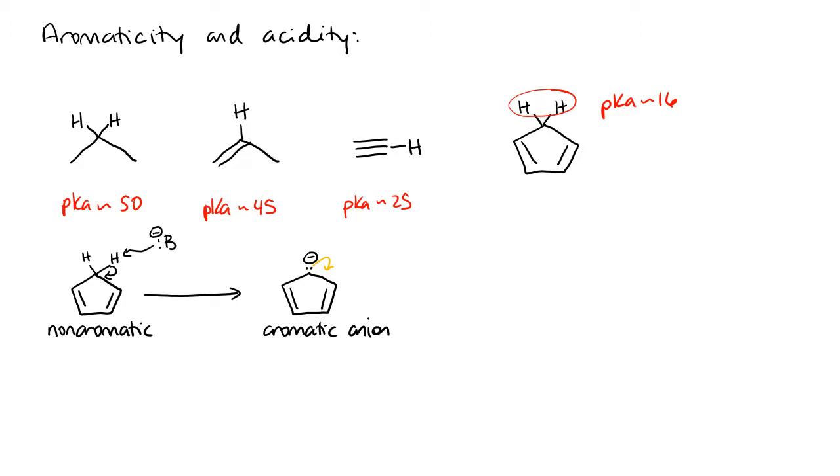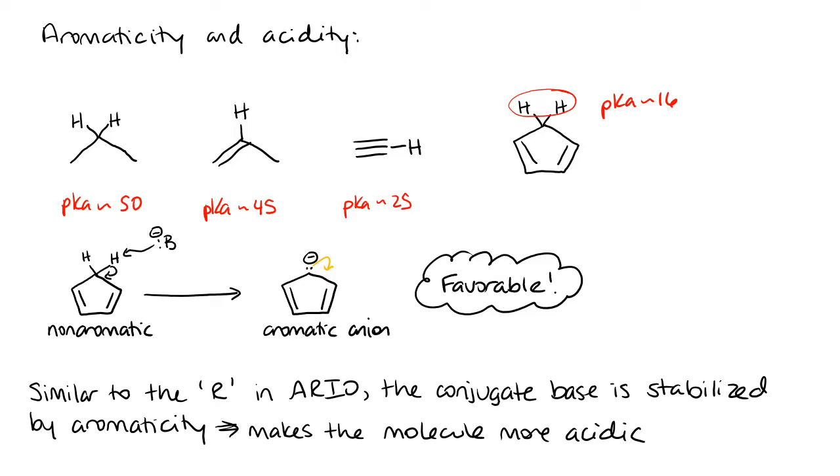So converting a non-aromatic compound to an aromatic compound is very favorable, which explains why this compound is so acidic. It's most willing to react with a base. So you can think of aromaticity as similar to the R in ARIO.